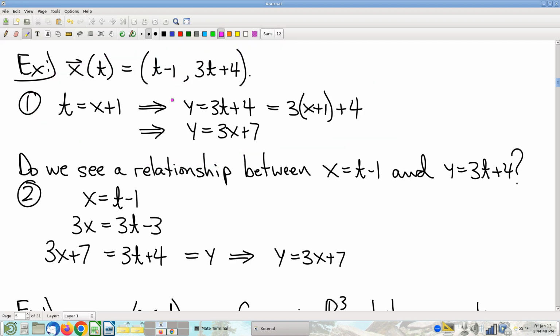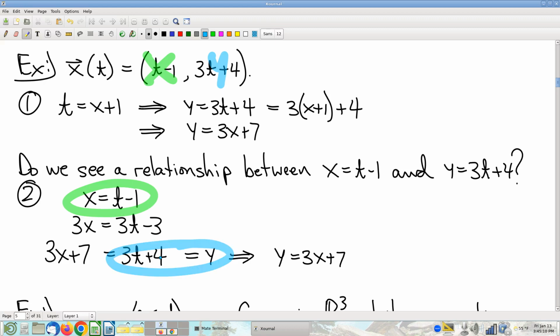Okay, now here's a different method that we can apply to the same question. Same parameterization, but I'm not going to solve for t here. Again, recalling that the first formula gives me my x and the second formula tells me my y, what you're going to try to do, if it looks reasonably doable, is figure out something you can do to take this and make it turn into that.